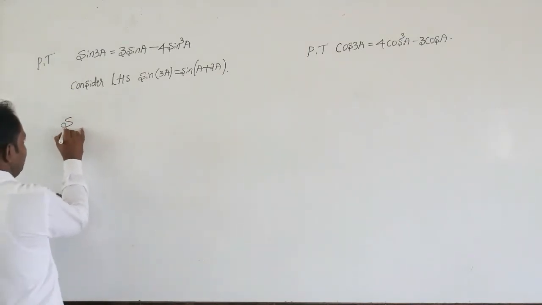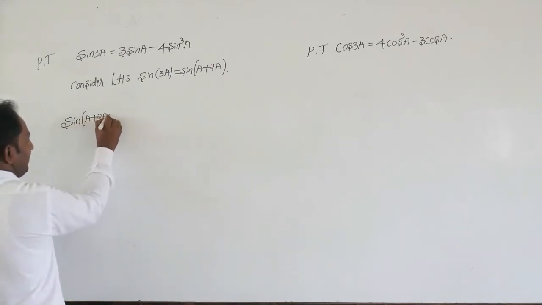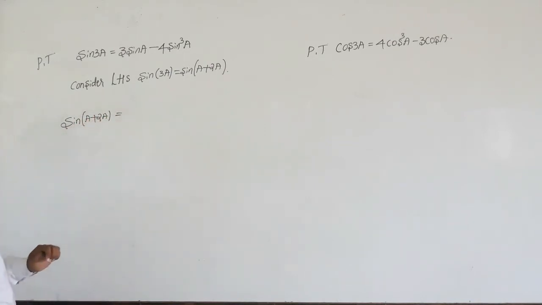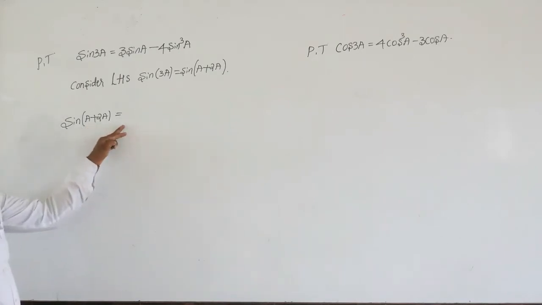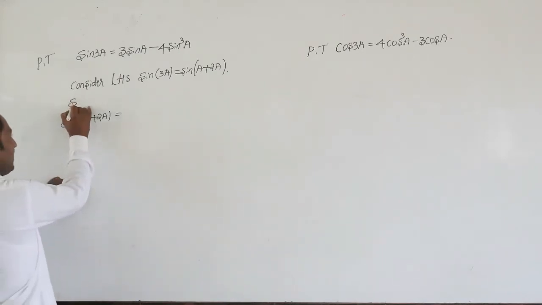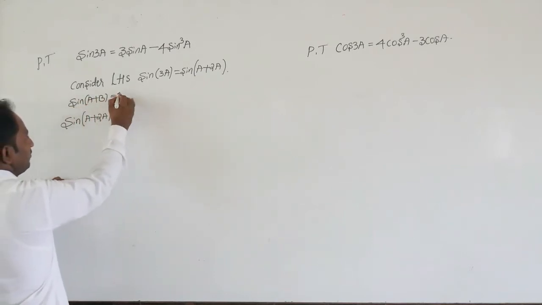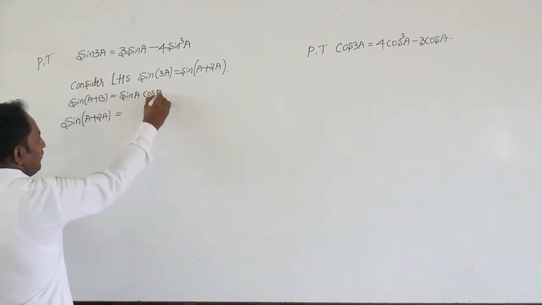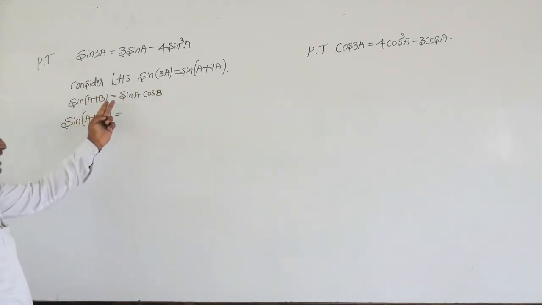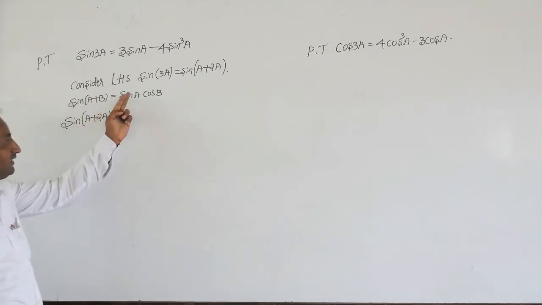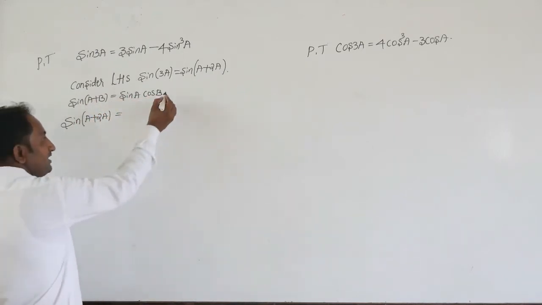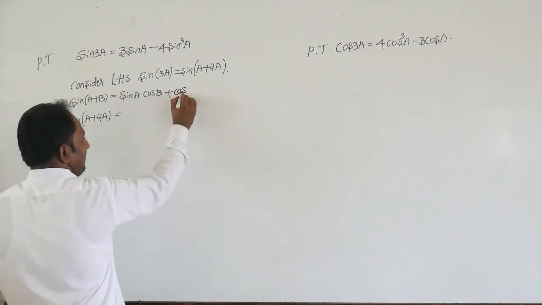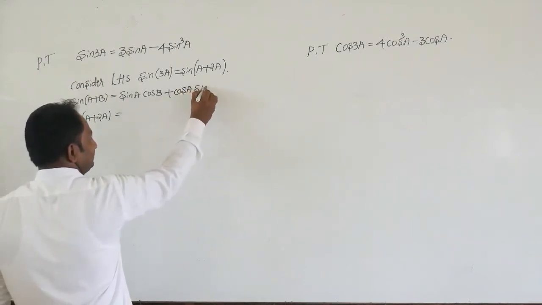Here sin of a plus 2a is equal to, we know that the formula sin of a plus b is equal to sin a cos b plus cos a sin b.